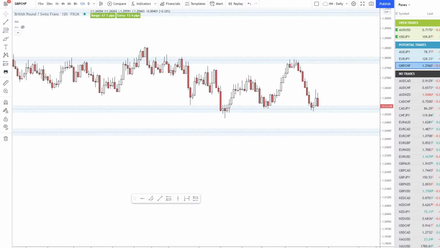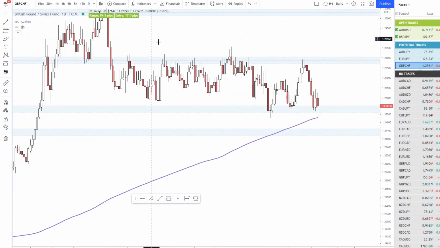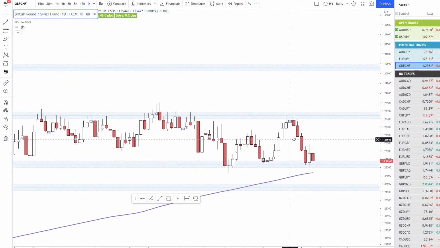I don't know if anyone's entered this one. I didn't get in this one. I am open to taking a long trade here still. What I don't like is taking a reversal trade after you have a move like this, because my concern would be, let me zoom in a little bit.